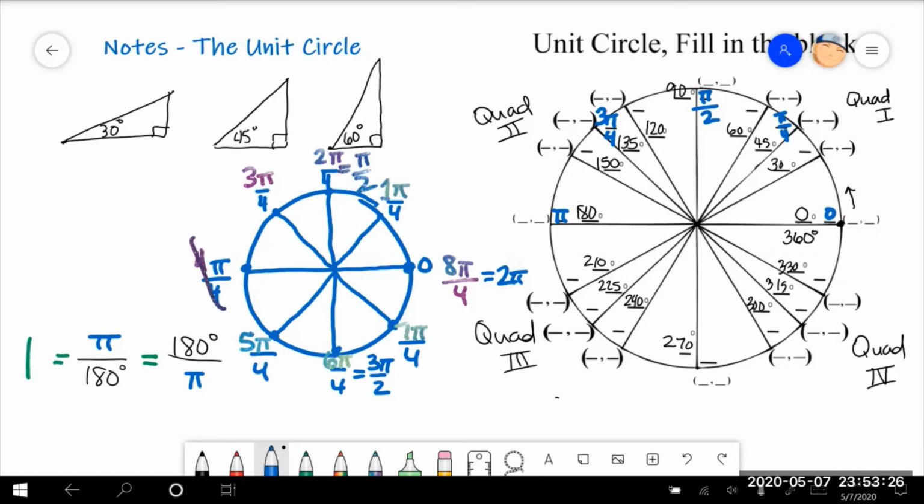And it helps me systematically fill the rest of these in. 5 pi over 4. I'll use the reduced one, 3 pi over 2, 7 pi over 4, and 0 or 2 pi.